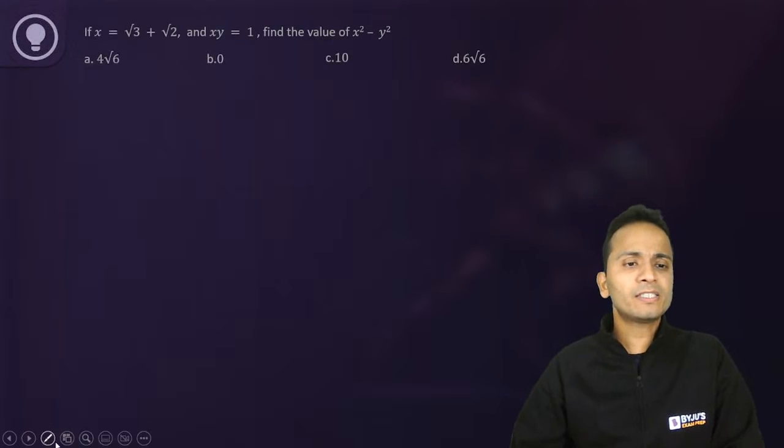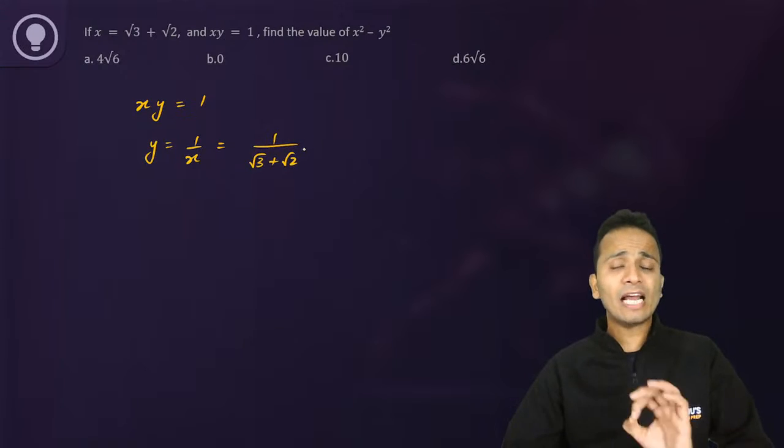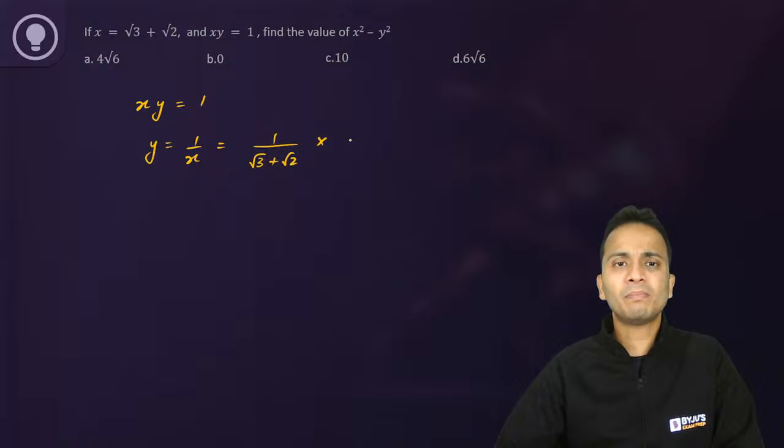Now the value of x is given as root 3 plus root 2. Now x into y is given as 1. So the value of y will become 1 upon x, that is equal to 1 upon (root 3 plus root 2). I will rationalize this value by multiplying it by (root 3 minus root 2) and dividing it by the same number, root 3 minus root 2.